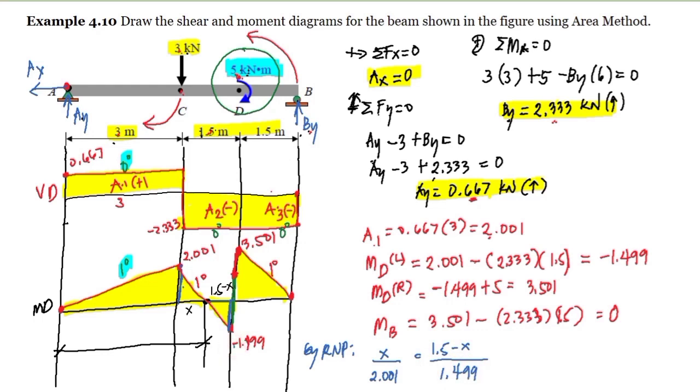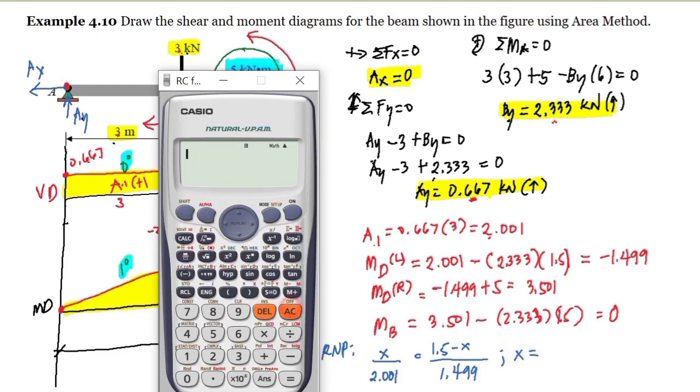So, solving for the value of x, we have x over 2.001 equals 1.5 minus x over 1.499.